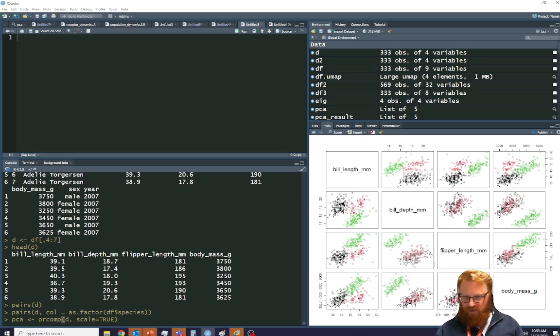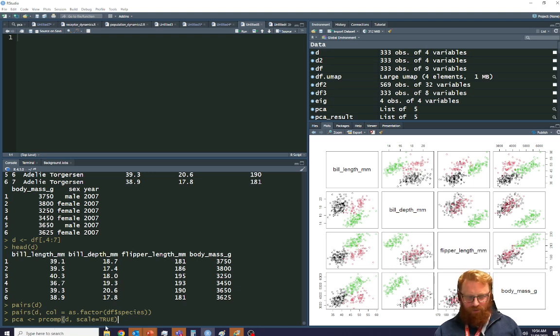You can see that body mass goes from 3,000 to 6,000. It's got a 3,000 range, while some of these other ones only have a range of 6 millimeters, like bill depth. So the PCA, if it doesn't scale the data, is going to think this is very important. There's huge amounts of variation on this axis, but it's not real. It's not really more variable in this axis. It just uses bigger units.